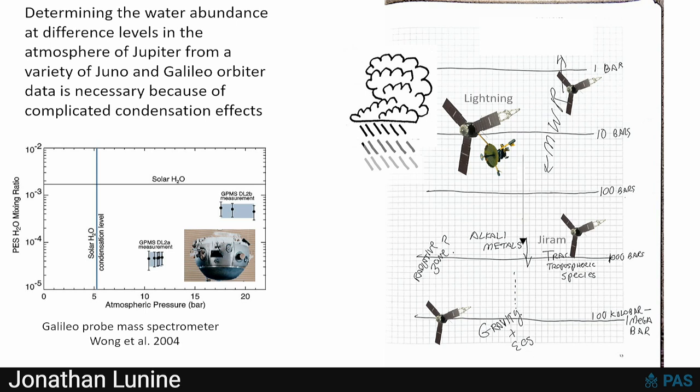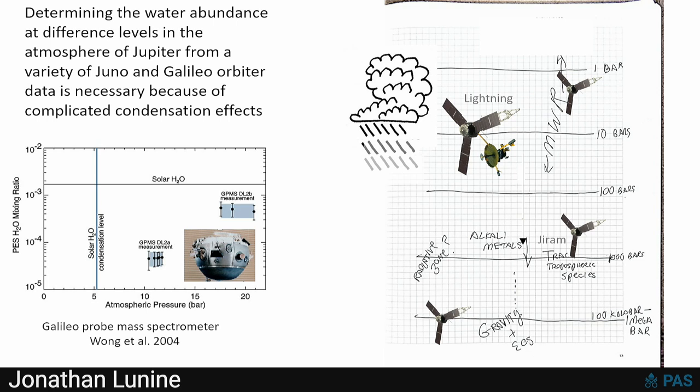So the graph on the lower left is the water mixing ratio as measured by the Galileo mass spectrometer in situ in 1995 versus atmospheric pressure in bars. The solar abundance of water is shown by the horizontal line.